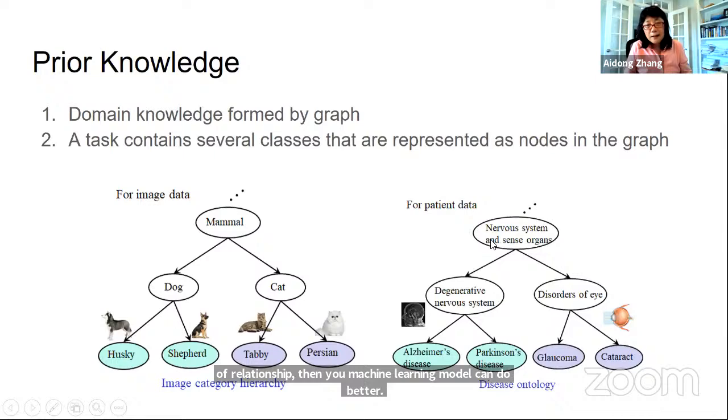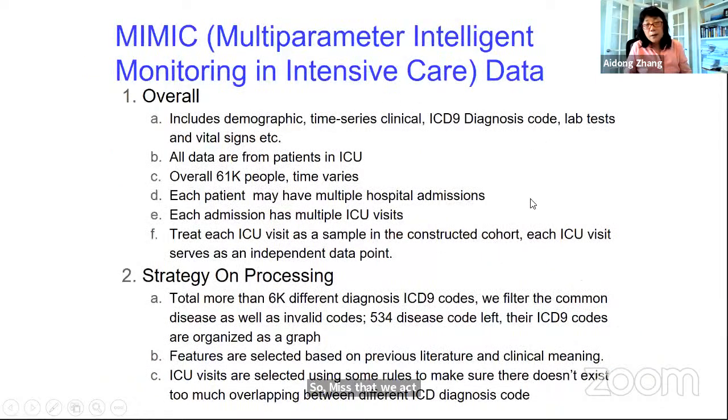With that, we experimented with the MIMIC datasets, which is a recording of patients in ICU situations, and they have a lot of ICD-9 codes.